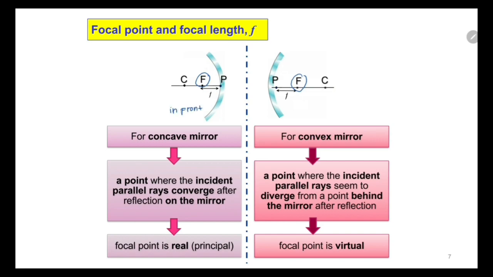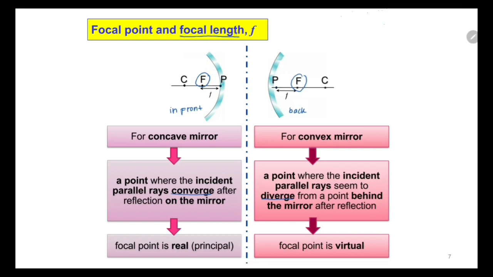However, for convex mirror, the position of focal point and center of curvature is at the back of the mirror. Since focal point is a focus point, all reflected rays will converge at focal point for concave mirror but seem to diverge for convex mirror.